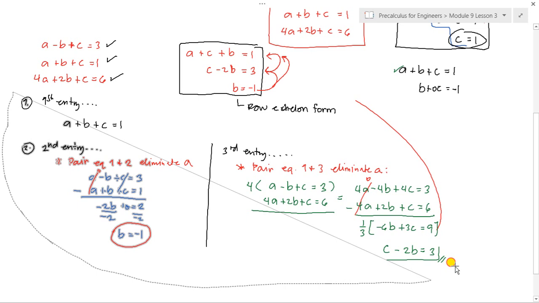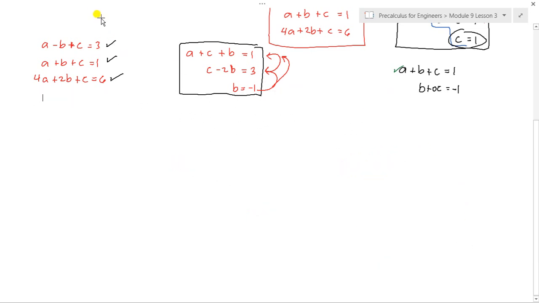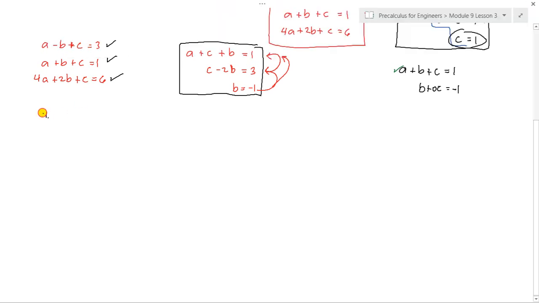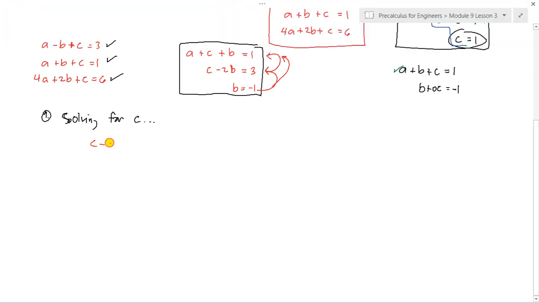We erase the lower part here. So, here, solving for c, in equation 2, we have c minus 2b is equal to 3.